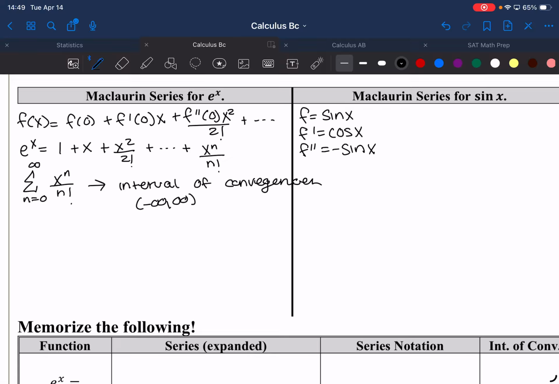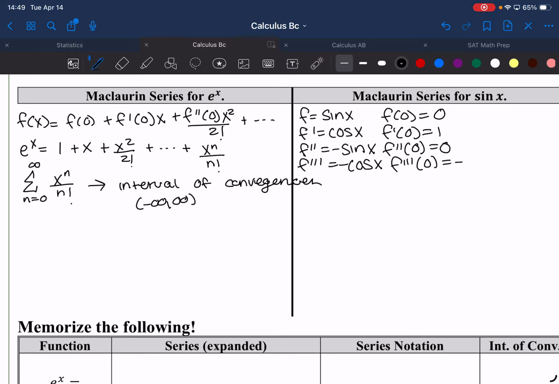So if we're using that Maclaurin series to estimate sine of x and plugging in all our functions, function derivatives, and the point 0, we get x minus x cubed over 3 factorial plus x to the 5th over 5 factorial minus x to the 7th over 7 factorial, all the way until we get -1 to the power of n times x to the power of 2n plus 1 over 2n plus 1 factorial.